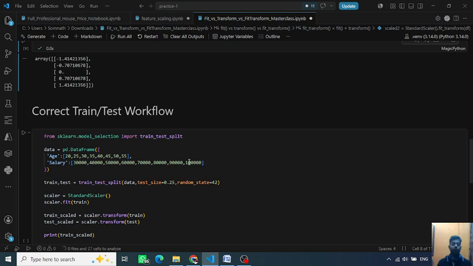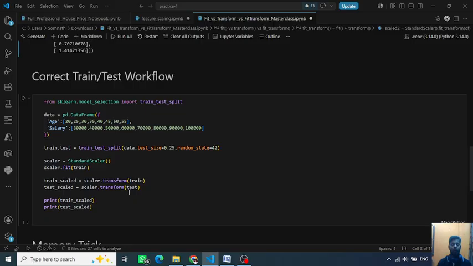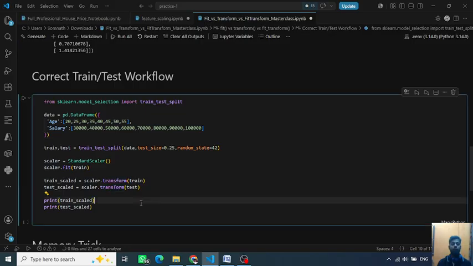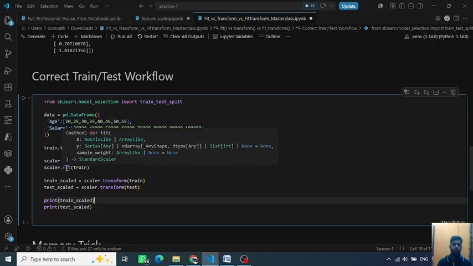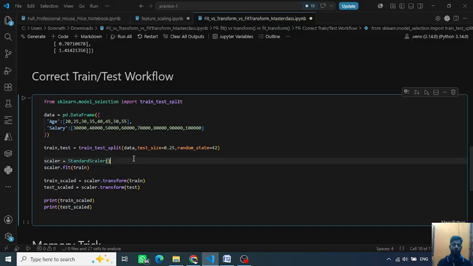Basically, when you scale your training data set, you should use fit_transform. And when you test your model, you should transform the data set using transform, because fit already calculated the mean and standard deviation, and we should use the same mean and standard deviation to transform your test data set as well.